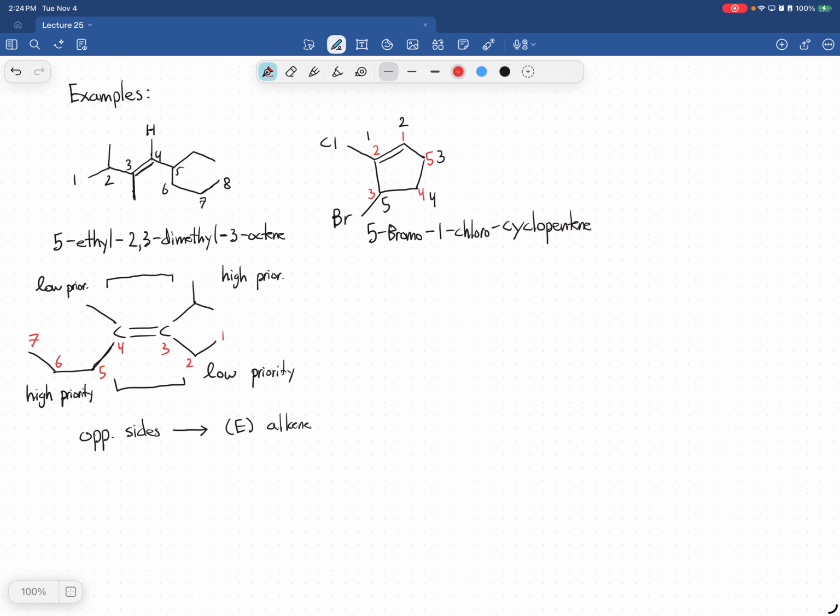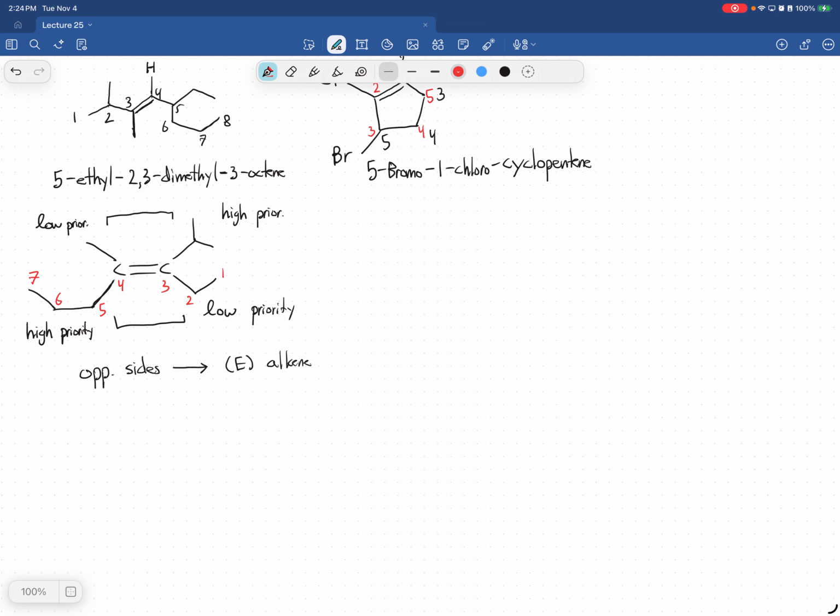Okay, good. So how will we name this? So we know it's E-alkene, right? So E comes out in front. And then where are some of my substituents? So let's check this one. So what's at the 3 position? Yes.